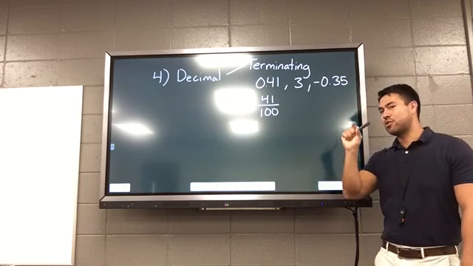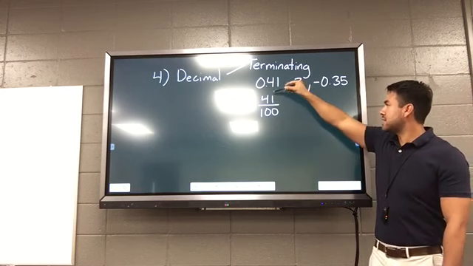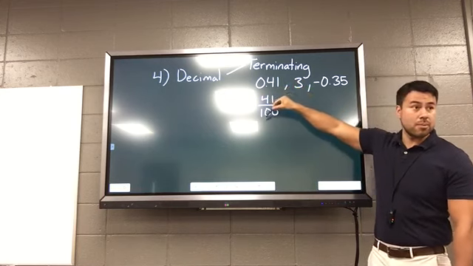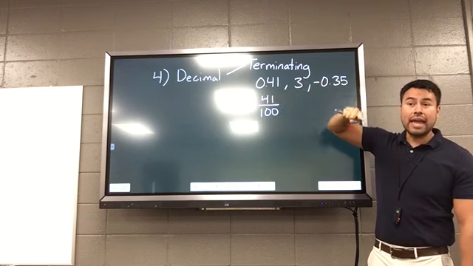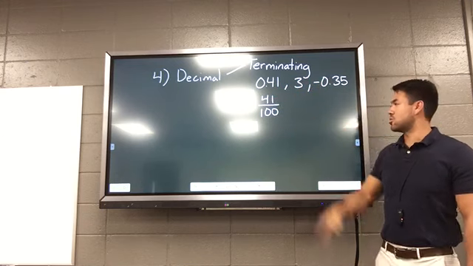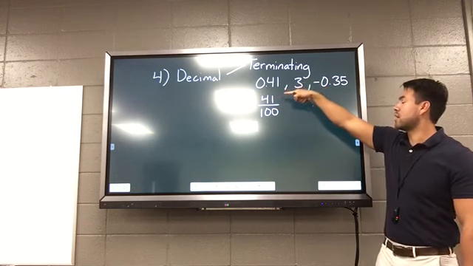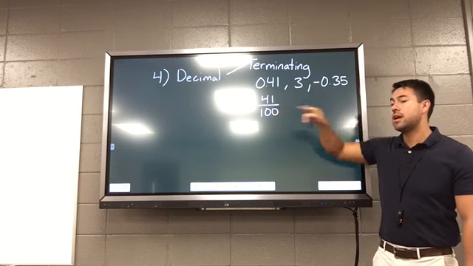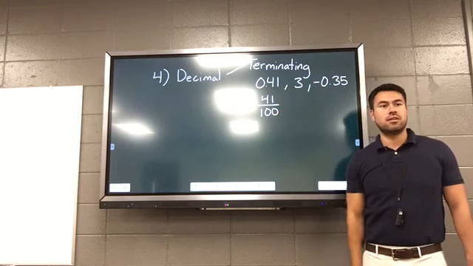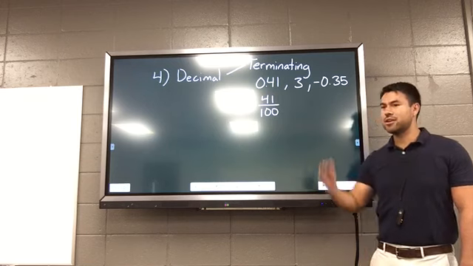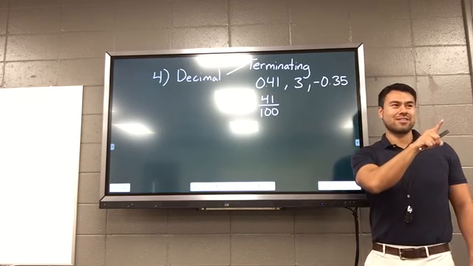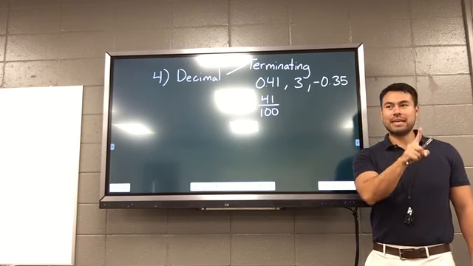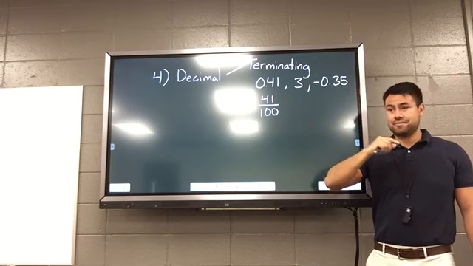But there's more to that definition. This number represents a, this number represents b, right? Are a and b both integers? Are 41 and 100 both integers? Yeah, they are. Good. But there's a third part. What's that last part? The denominator can't be 0.